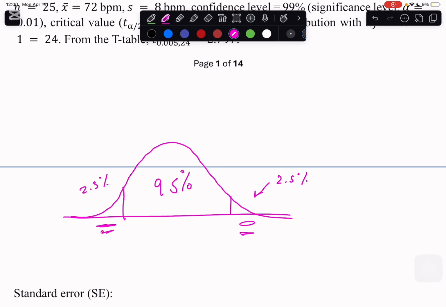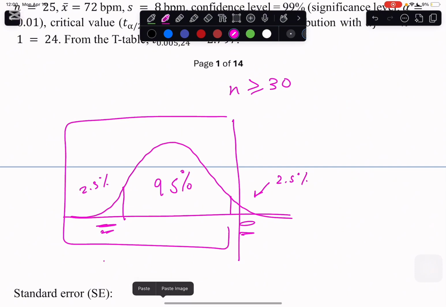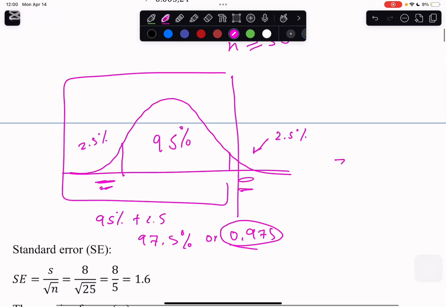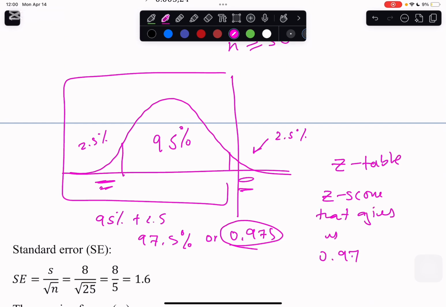Because we said N is greater than or equal to 30, we're going to look at everything that's to the left, which is 95% plus 2.5, which is 97.5% or 0.975. So we're going to go to the Z table and find the Z score that gives us 0.975.